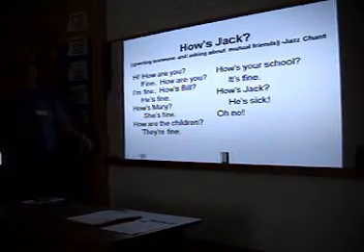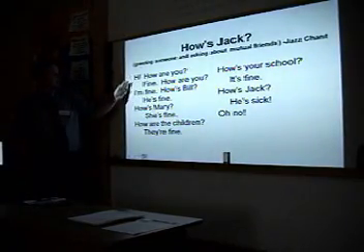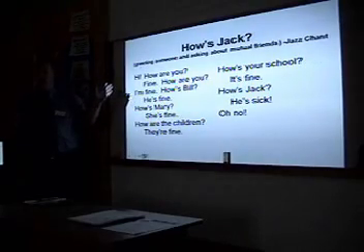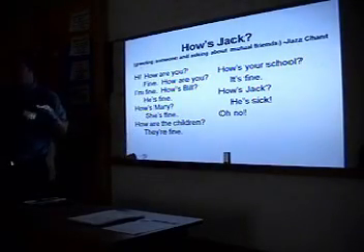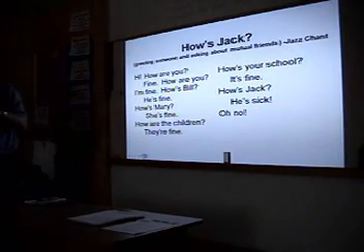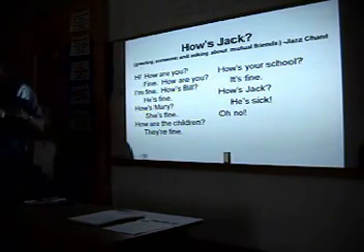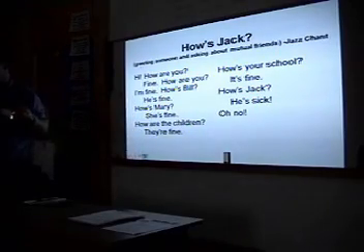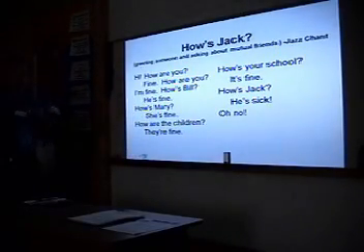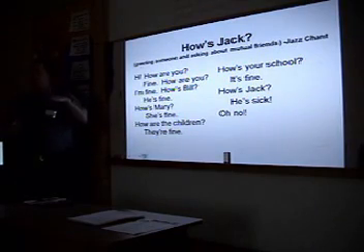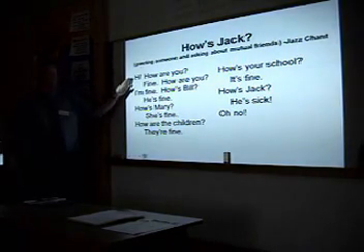And then what we have is two speakers or two groups. I'll go ahead and divide these two tables, and the people sitting in the chairs in the back will be one group, and then these three tables will be the other group. So we'll go through it all together first, and then we're going to divide up.